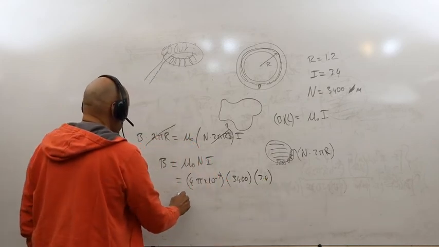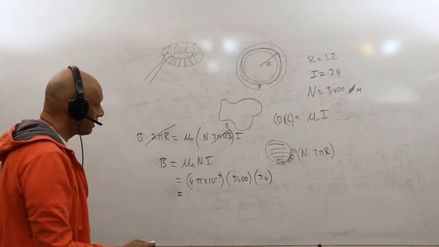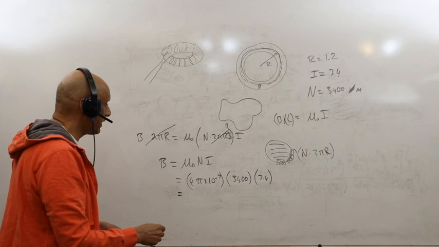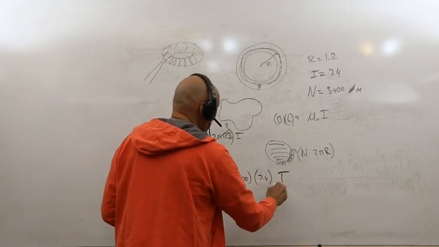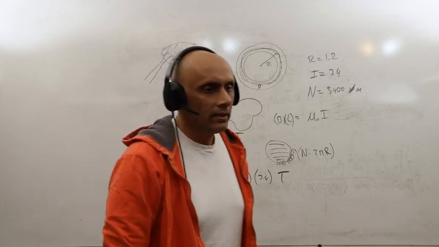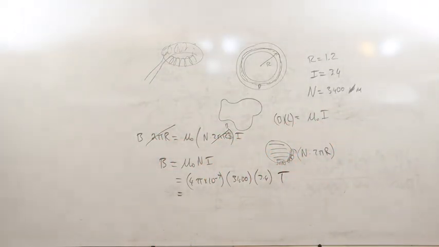And so this is the final answer. I won't plug this into a calculator, that's just numerical work. Whatever the answer is, it's in Tesla, so I'll put a big T in there so that you understand it's Tesla. So this is the magnetic field inside a toroid.